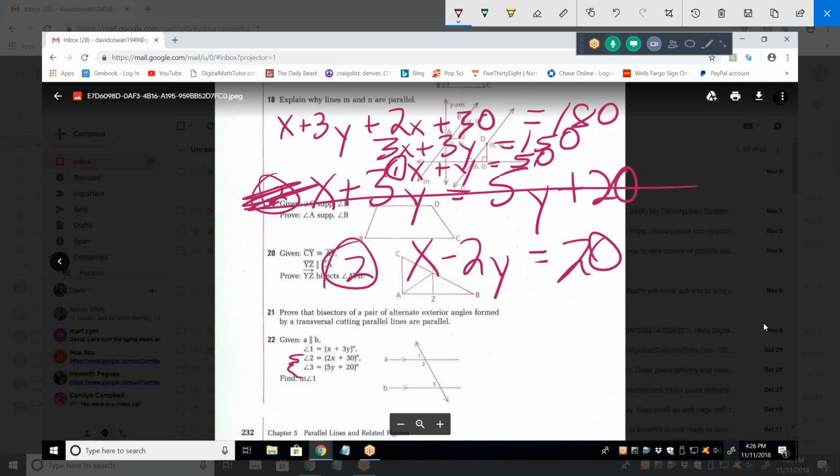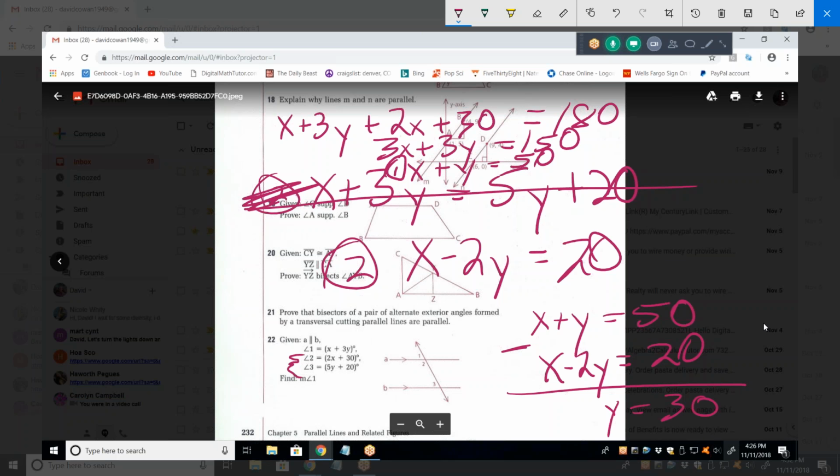Here, let me write equation 1. Equation 2. Now they're both in standard format, so it's easiest to solve them by elimination. I'm just going to subtract the two of them. Well, what do I get? I get y minus a minus 2y, which gives you plus 1y equals 30.